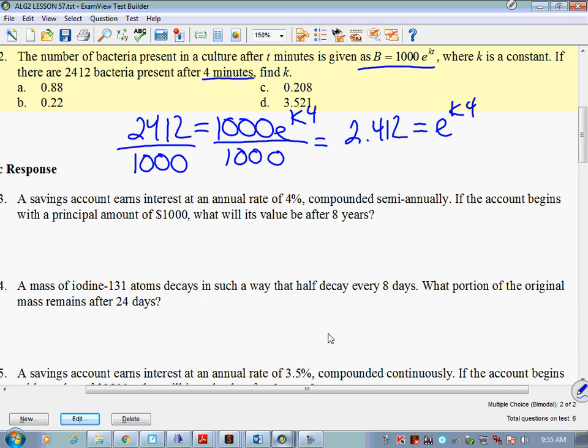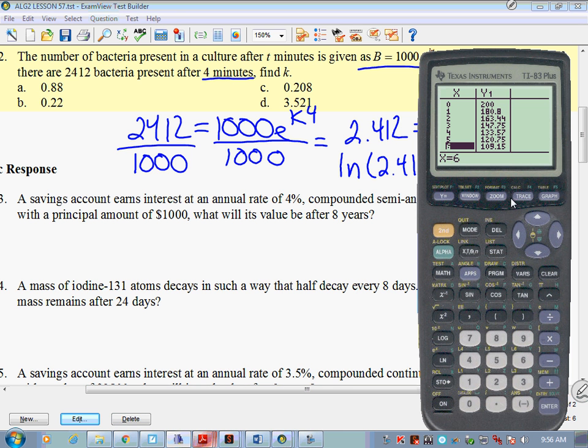So this is how I'd actually do this. I'm going to take the natural log of 2.412, and it's going to be equal to, we're just going to find that. We're going to find the natural log of 2.412. Let's clear this out, second mode, natural log of 2.412.